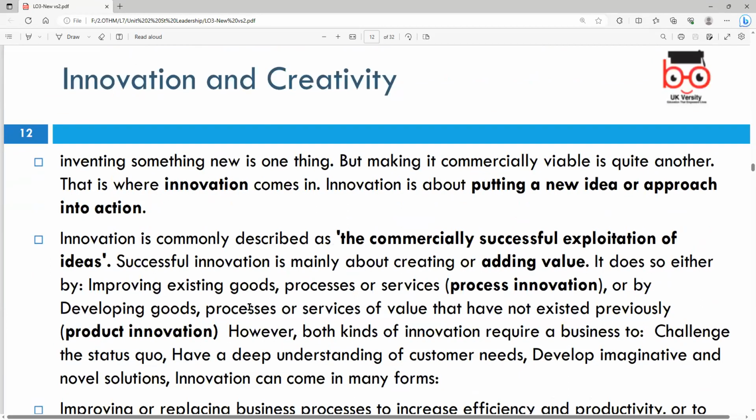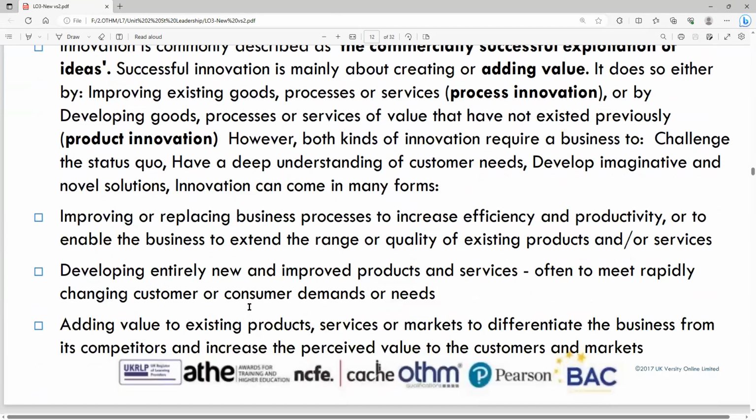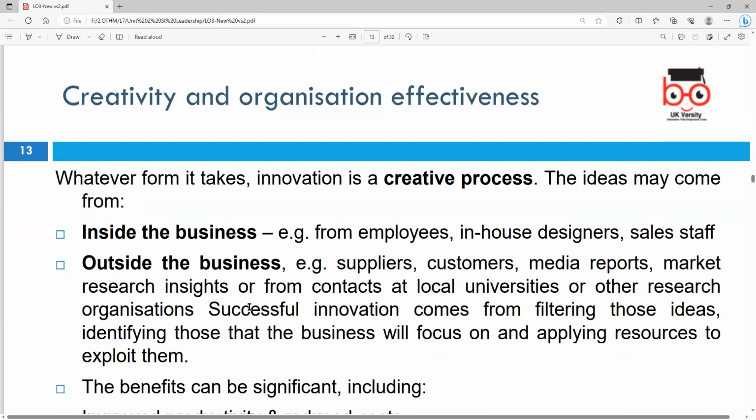Creativity also looks at the process of being innovative, inside the business and outside the business. Inside the business, it looks at the viewpoint of employees, in-house designers, or sales staff, for example.